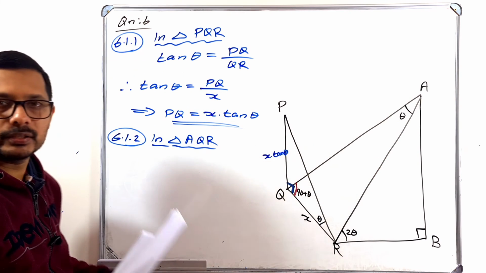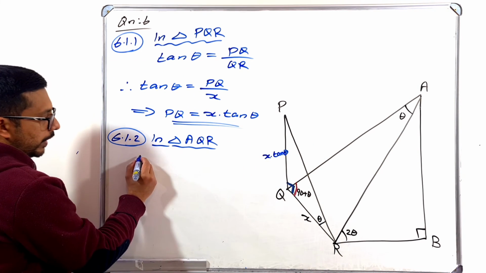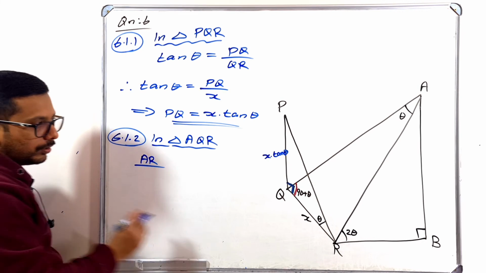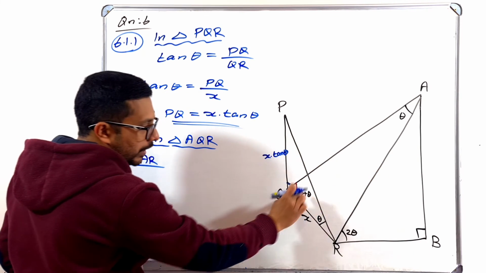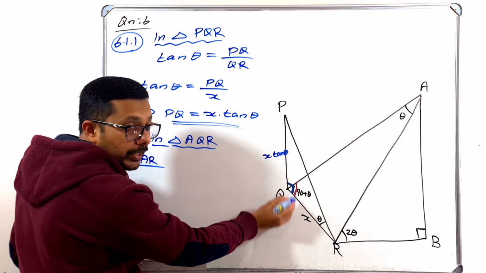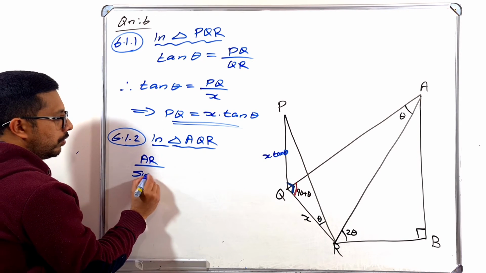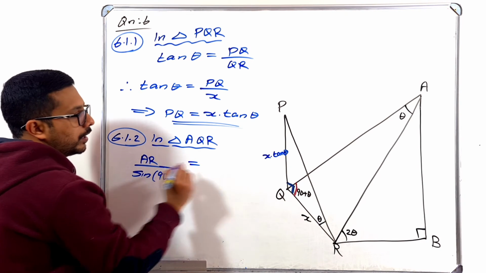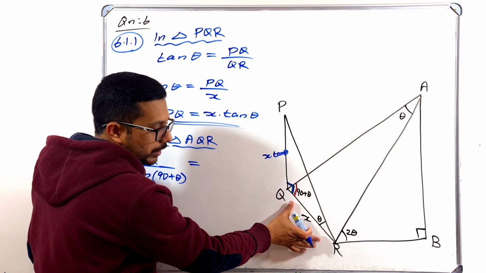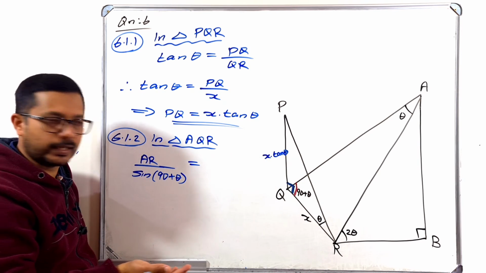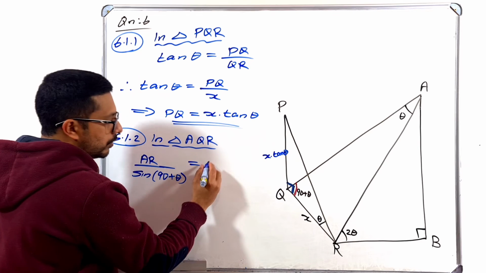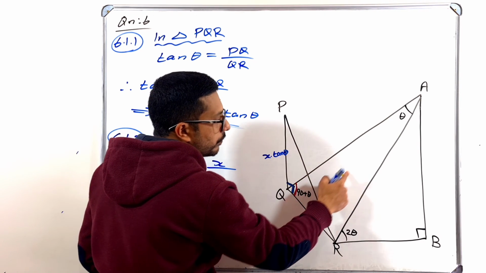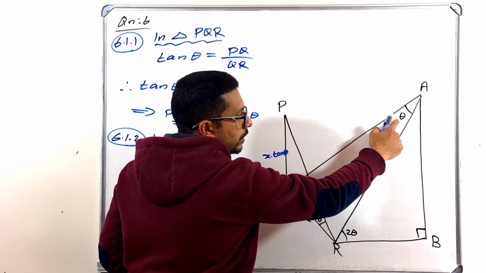So how can we apply sine rule? Opposite side, that is AR, divided by sine of the opposite angle of that AR, which is 90 plus theta. So it is sine of 90 plus theta, is equal to X divided by sine of the opposite angle of that X, which is theta.